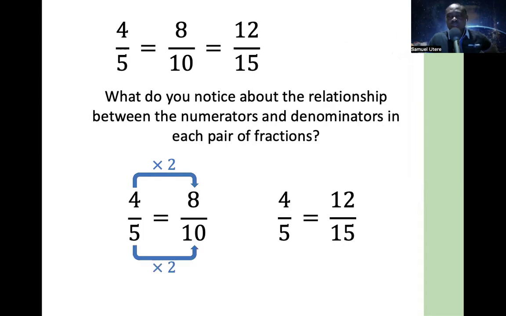Another way of thinking about it is this one. 4 times 3 is 12. And 5 times 3 is also 15. We could think about it the other way around. So we could say, well, can't we divide 12 by 4? Of course we can. And that gives us the relationship between 4/5 and 12/15 is a factor of 3.